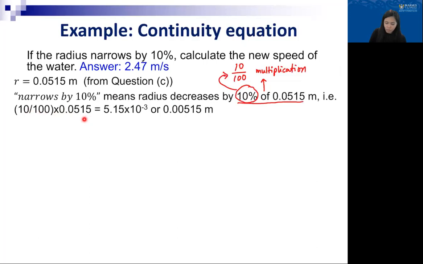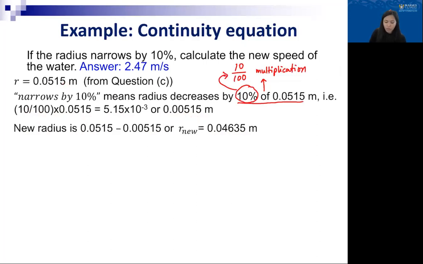Right. Okay, so that will give you 0.00515 meters as 10% of 0.0515, the original radius. So therefore, the new radius will be the original radius minus the 10%.